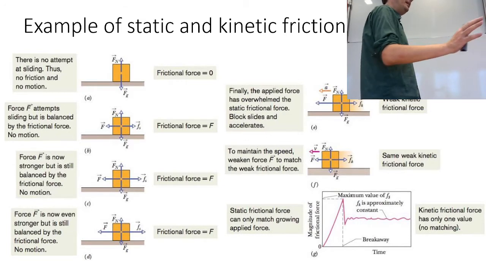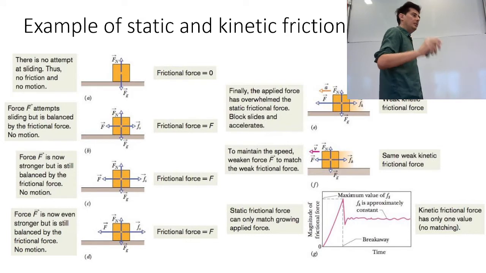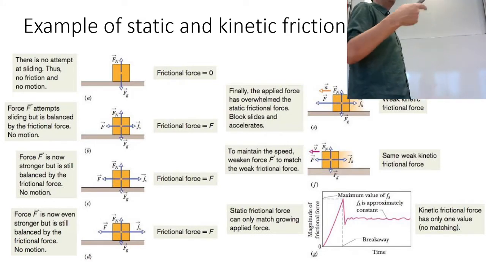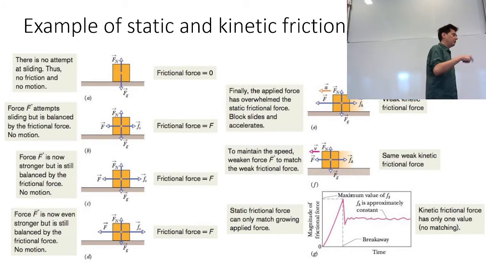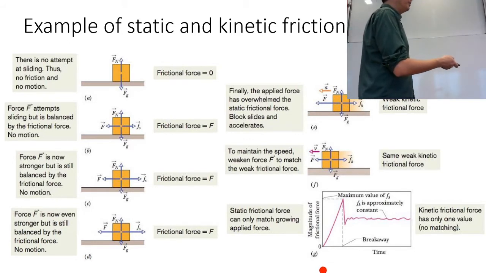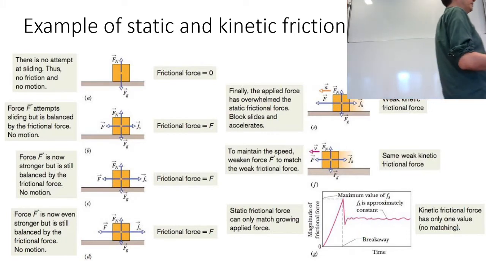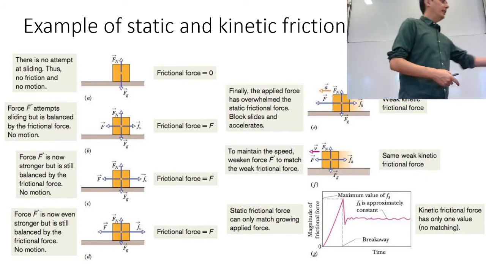Once you hit that breaking point, you tend to ease off a little bit. The fact that you ease off is the phenomenon of the kinetic frictional force being less than the maximum static frictional force. So you push it until it starts to break, and then you ease back on it. Once you ease back, you're balancing that kinetic frictional force, and then it moves at say a constant velocity.